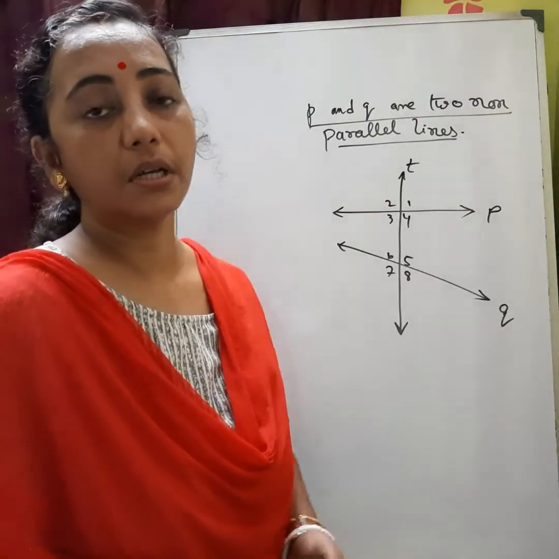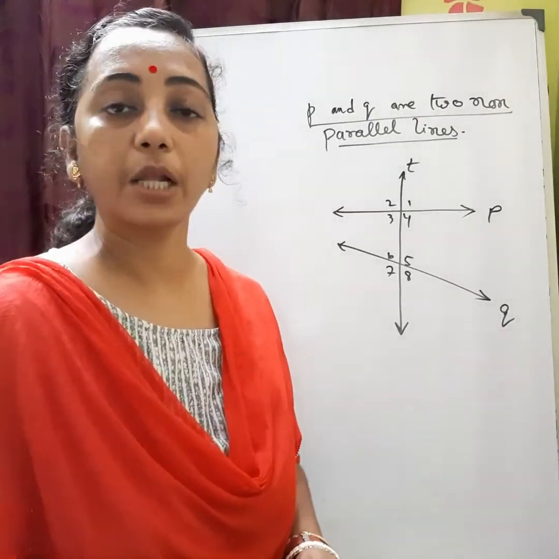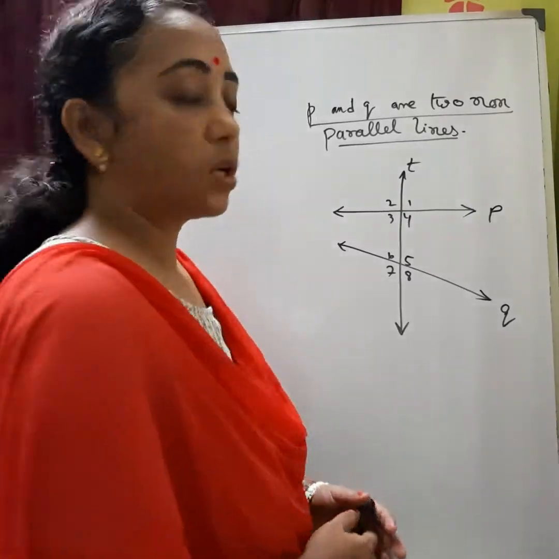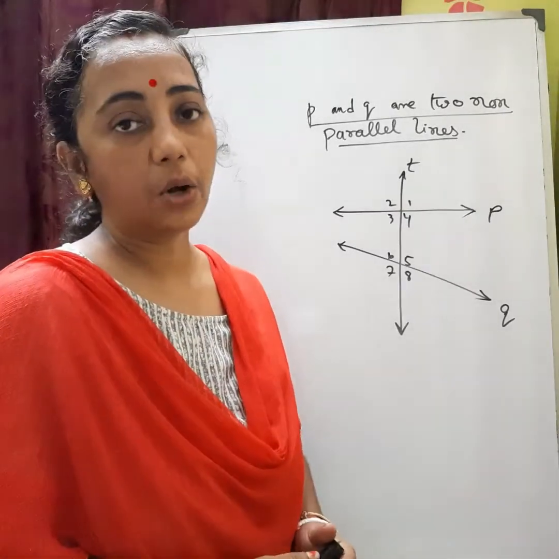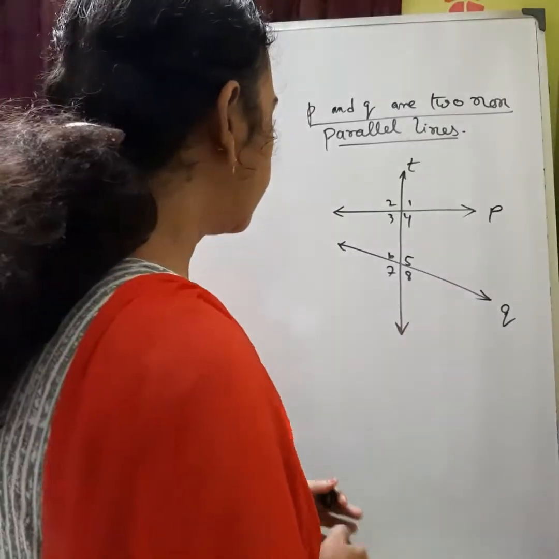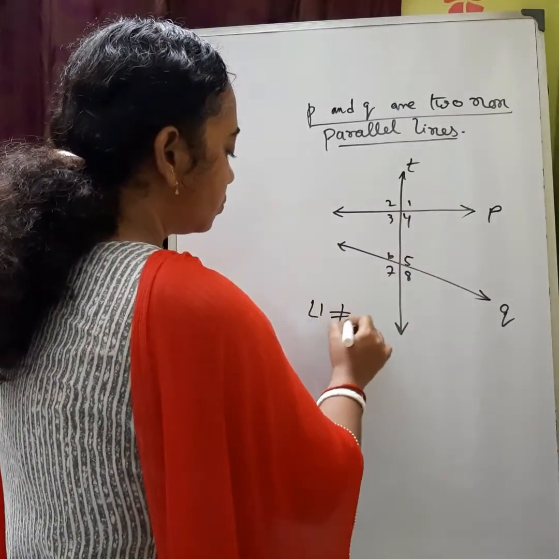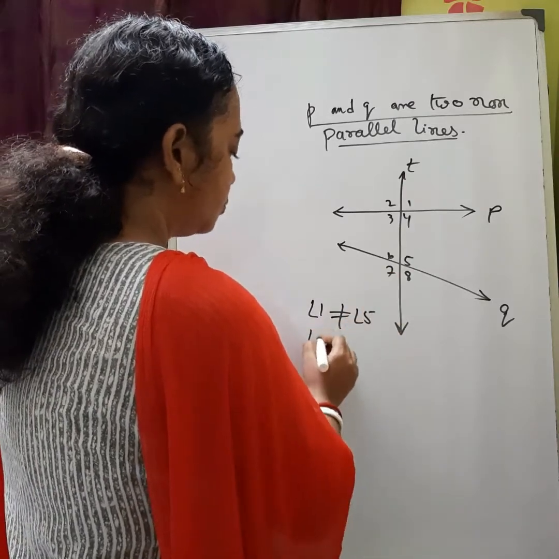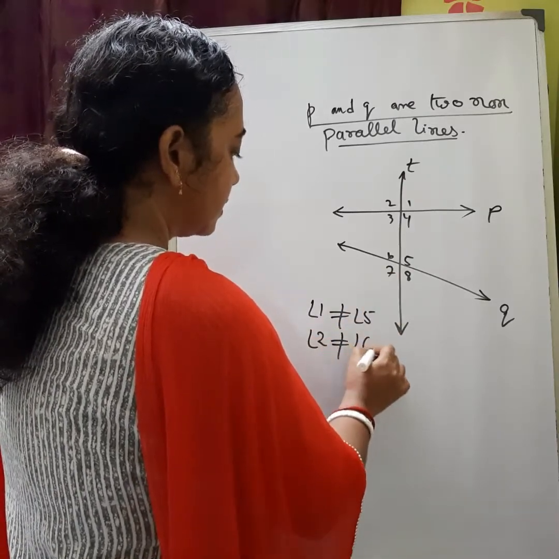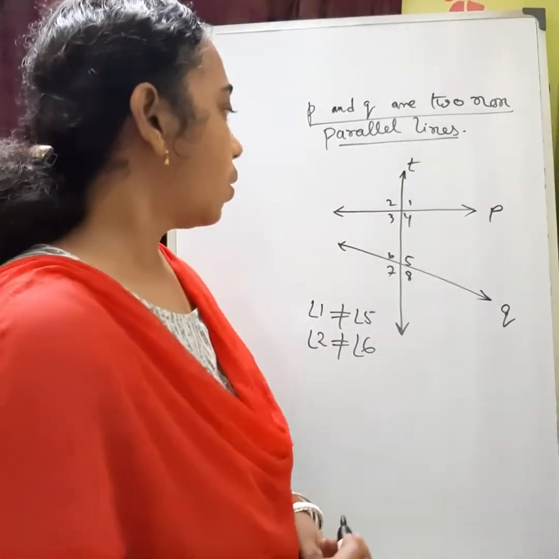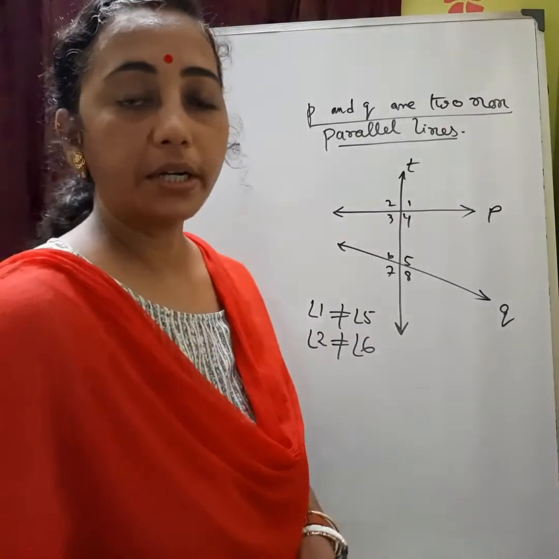Now if we measure these 8 angles with the help of a protractor, we will see that none of the corresponding angles are equal, and none of the alternate angles are equal. That means for corresponding angles, angle 1 is not equal to angle 5, angle 2 is not equal to angle 6, and in this way none of the corresponding angles are equal. Also none of the alternate angles are equal.